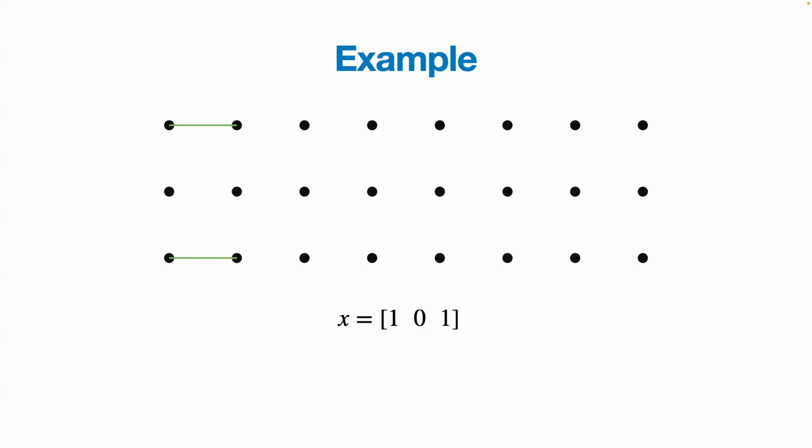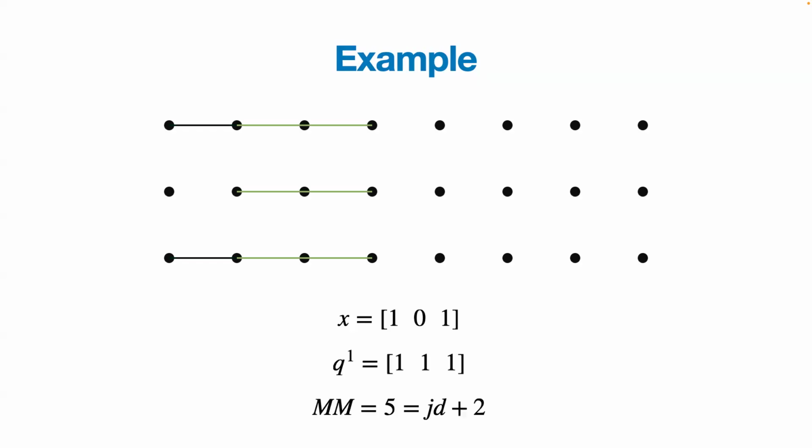We insert the first edge only for the ones where the private bit is 1, which is the first and the last one. Then we add the second edge for everyone, regardless of the query or the private bit. And the one after that, we only add it for the query bit being 1, which here is, again, all of them.